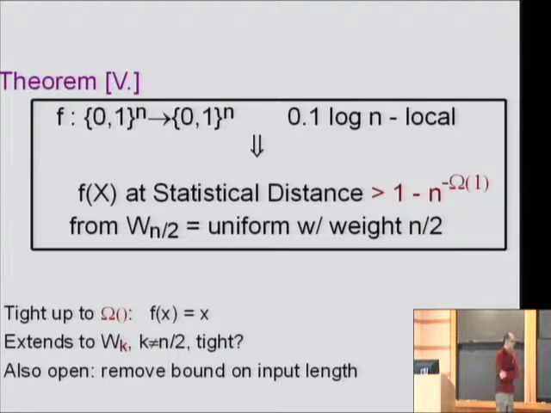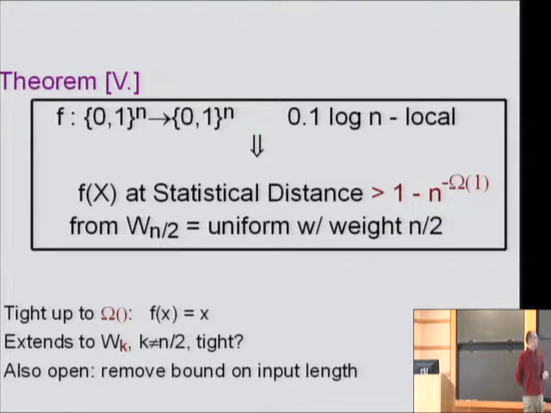So here is a theorem that we proved. Here is a function that maps n bits to m bits, and the function is also 0.1 log n local. So it's about log n: each output bit here just depends on about log n input bits.